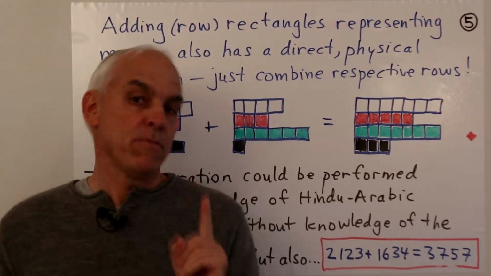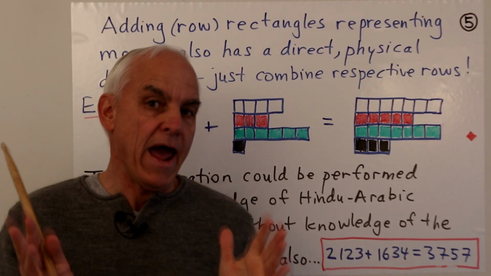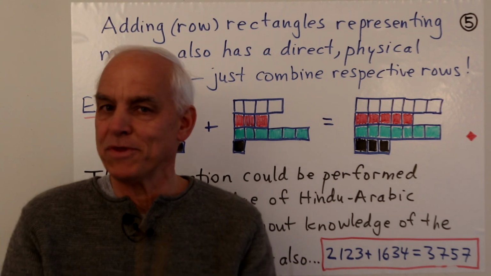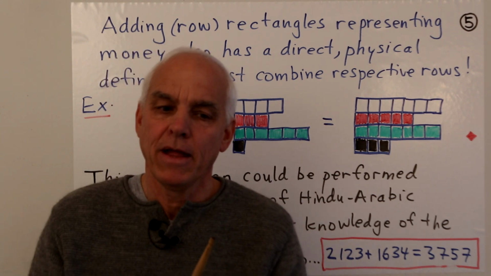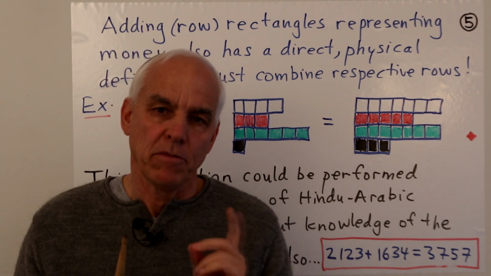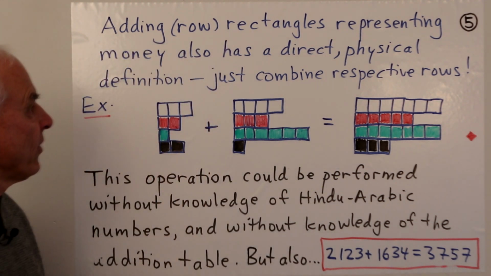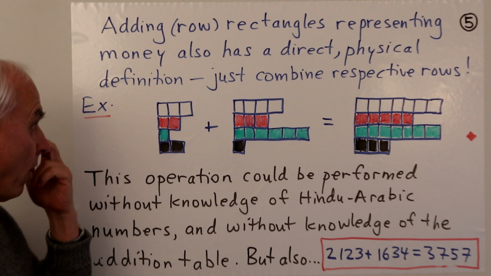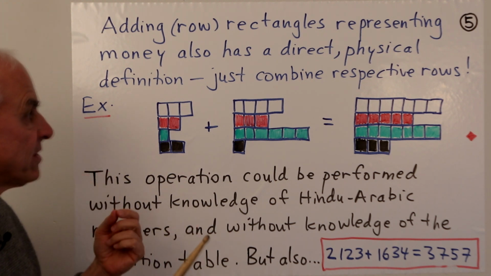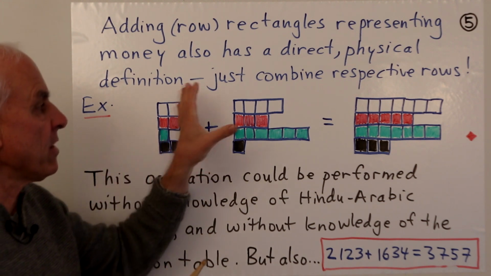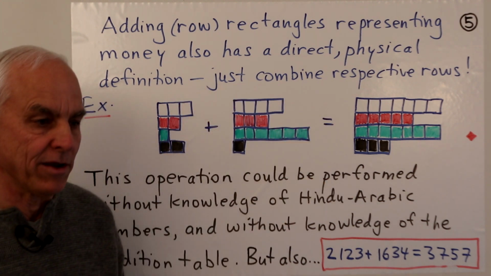If we ask the same question about how we add numbers represented as row rectangles with our color system, then we get an answer which is very parallel to that for money. So adding row rectangles representing, say, money, it also has a natural, direct, and physical definition. We just combine the respective rows physically.